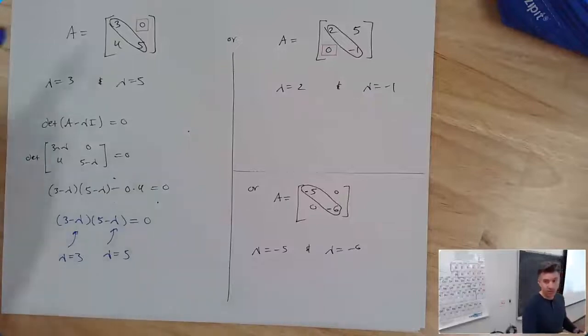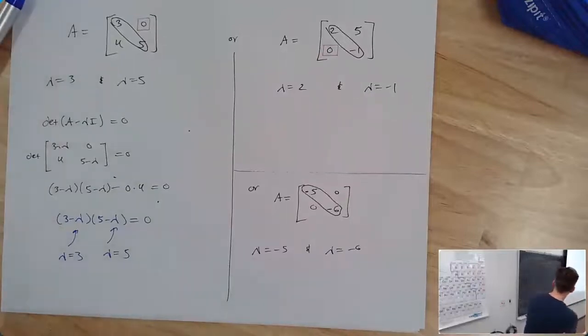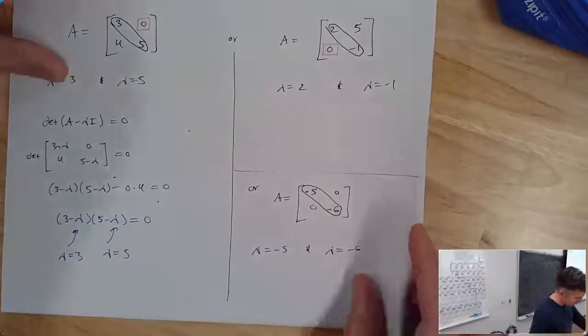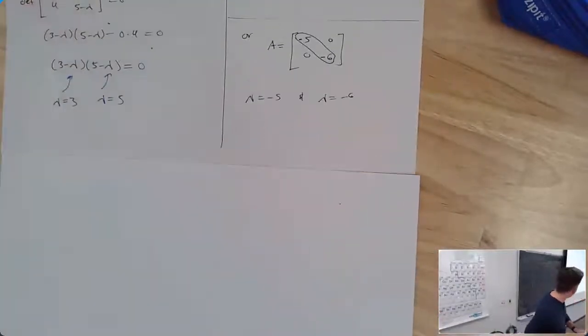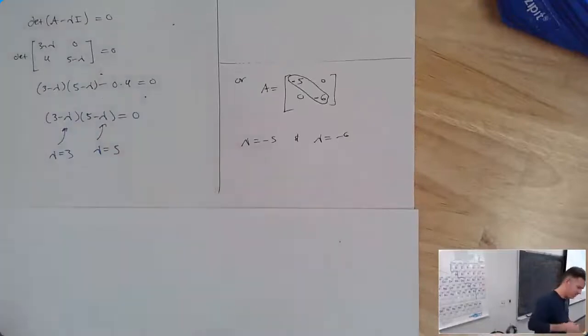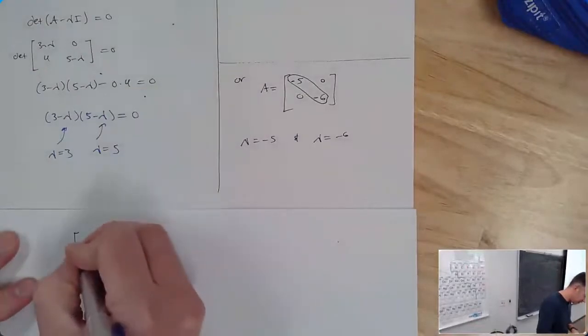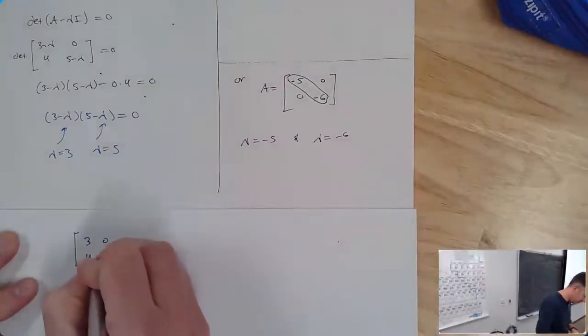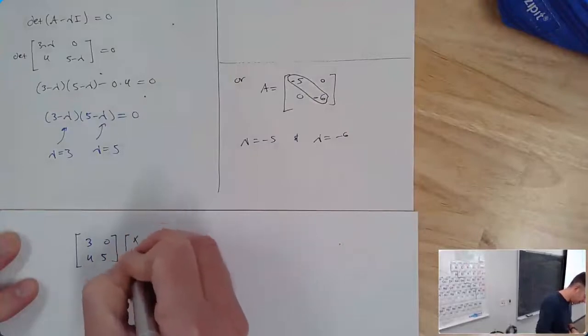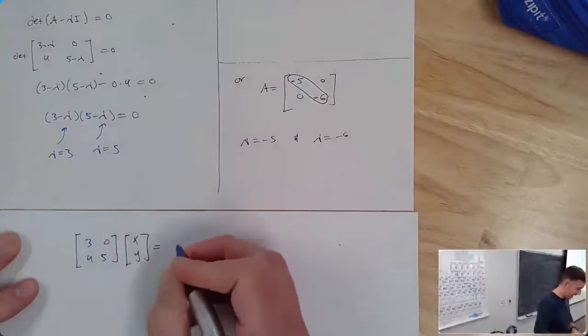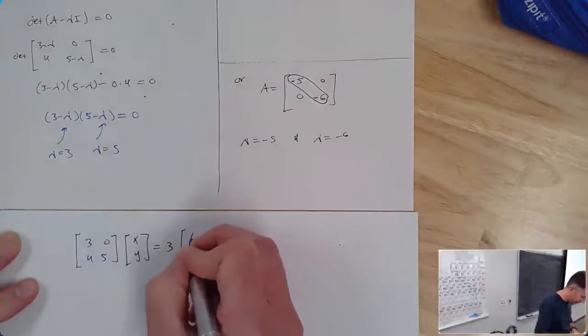The other thing I will point out is if this happens, which is a pretty good bet, you'll see one like this. Your eigenvectors usually do something kind of janky. So I'm going to find them the usual way I find them. I'm going to take that matrix, 3, 0, 4, 5, multiply it by my eigenvector and set it equal to my eigenvalue times my eigenvector.